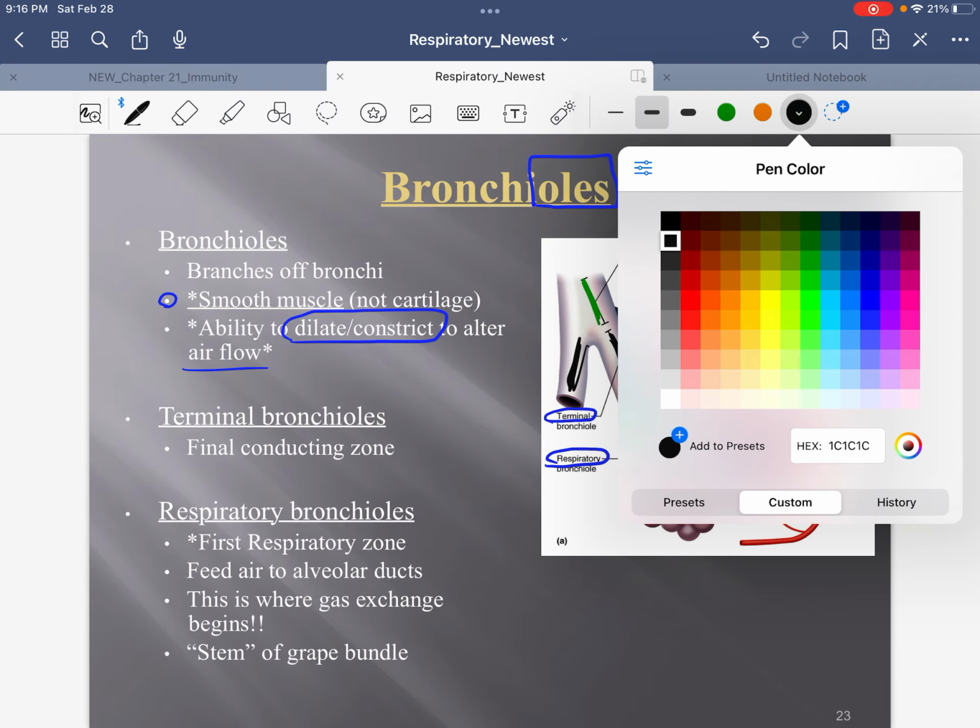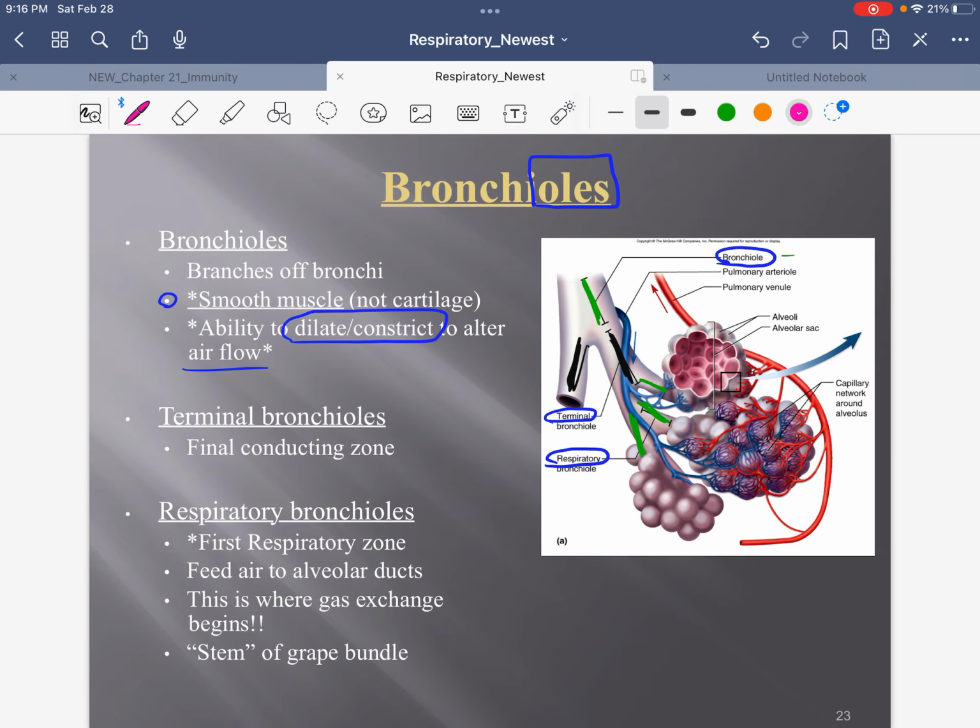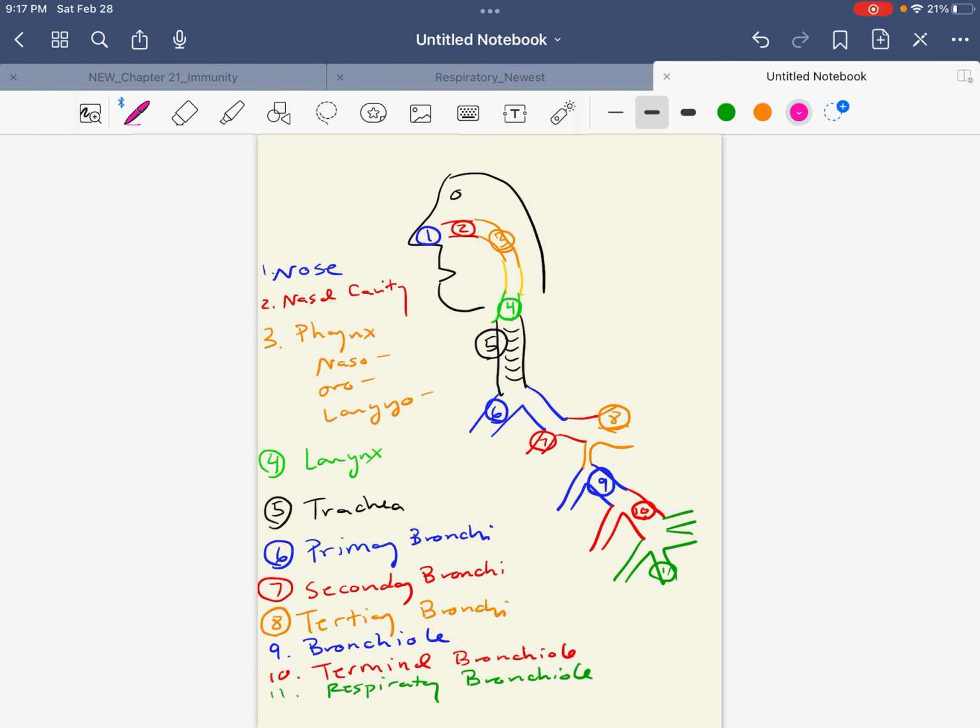And importantly, folks, it is the respiratory bronchioles that lead into the alveoli. Leads into the alveoli. So let's finish our drawing. It is the respiratory bronchiole that leads into the air sacs that we know as the alveoli.